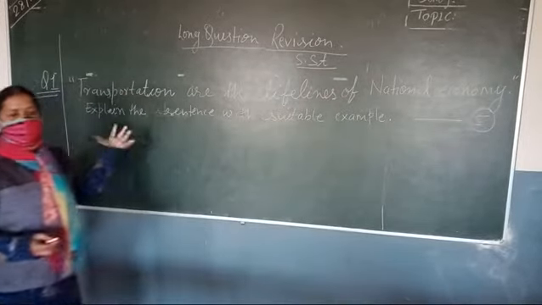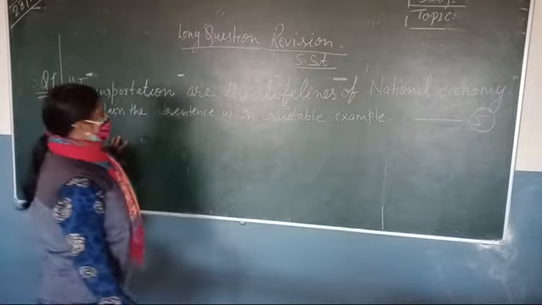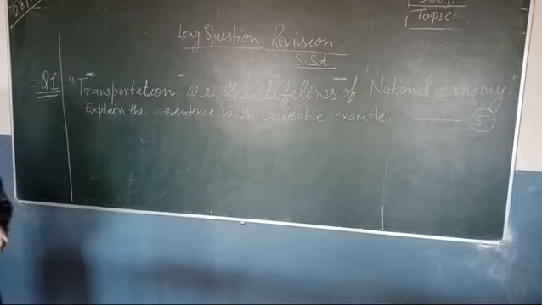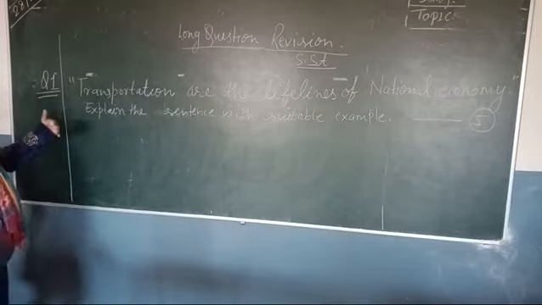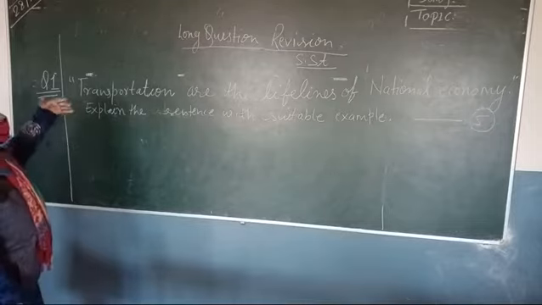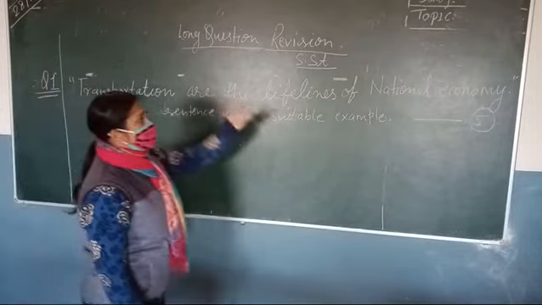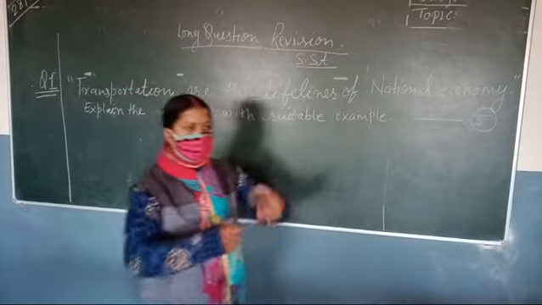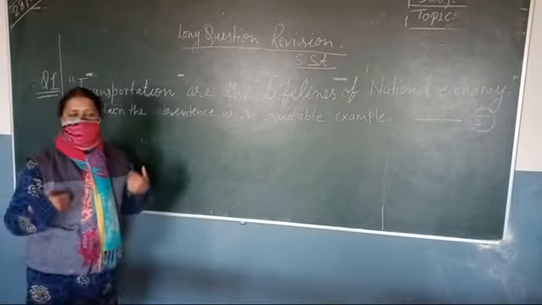First, these are the straight and simple questions where you need not bother your mind so much, because you have to give only the importance, that is, why the means of transportation are called the lifelines of national economy. So straight, point-wise or heading-wise, you have to give why they are called so.